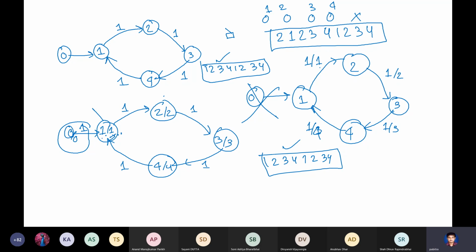Or assuming small delays are there, suppose the input is coming to be something like this. This is 1 and this is 0. Suppose you get the input to be this, in what sequence would you get the output? Is it aligned with the input?